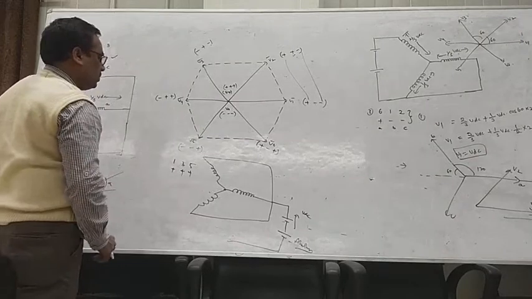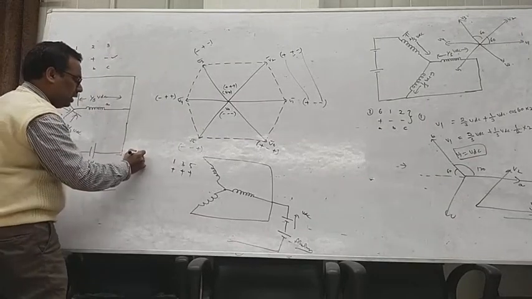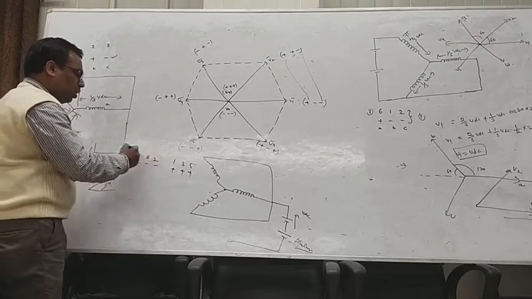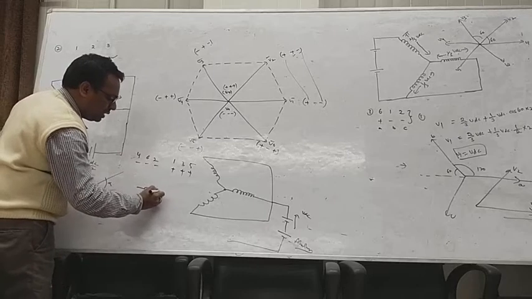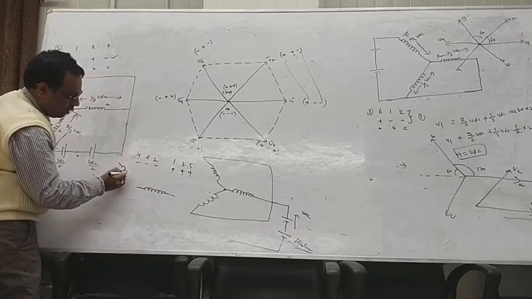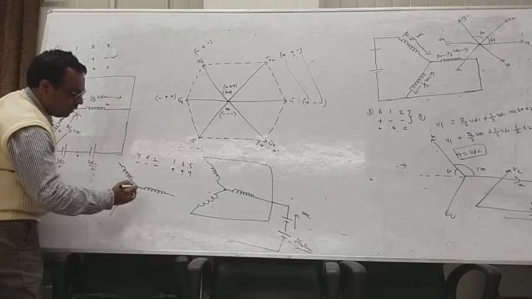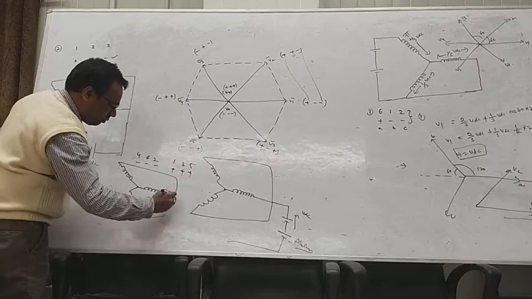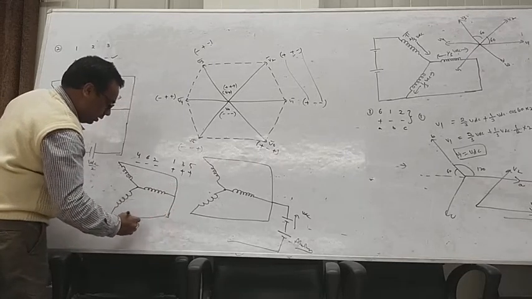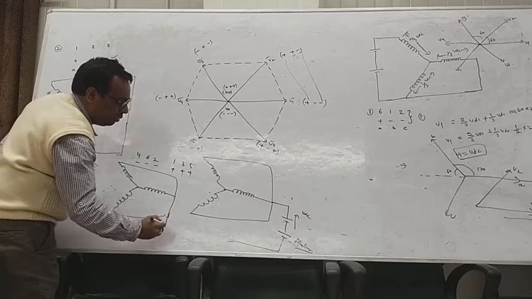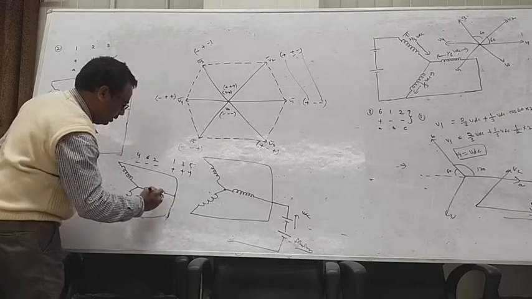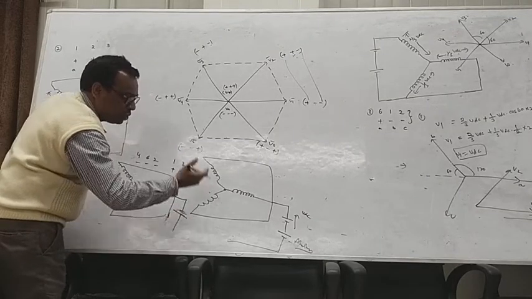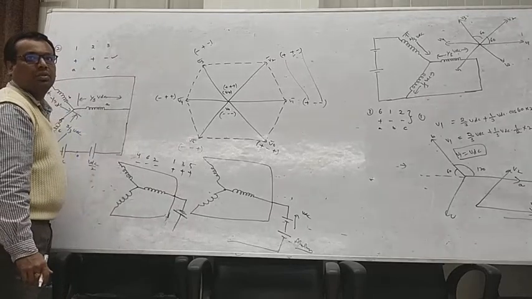In the similar case, if you consider all bottom switches, that is 4, 6, 2, minus, minus, minus. These are the bottom switches, for phase A, phase B and phase C. All these switches are connected to the negative group, and positive is floating.